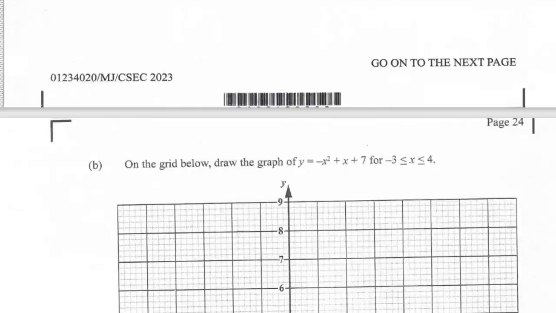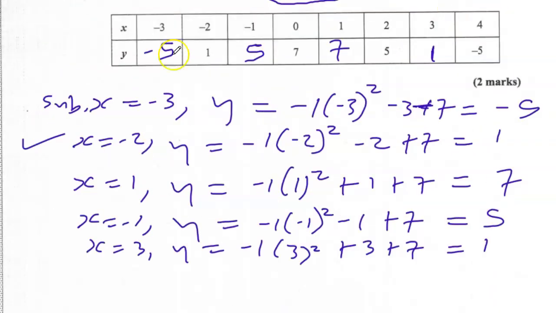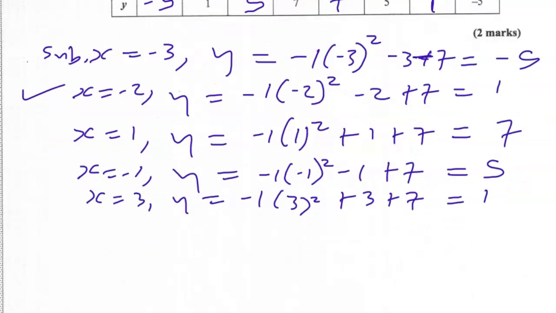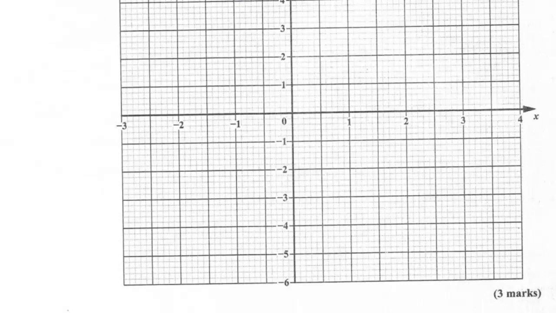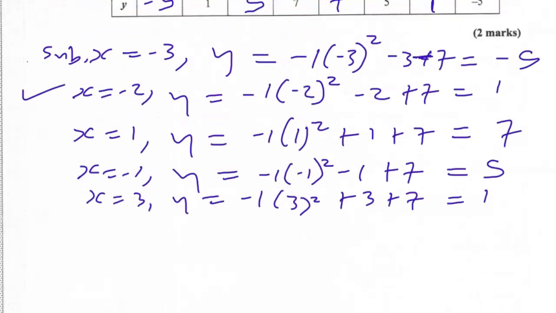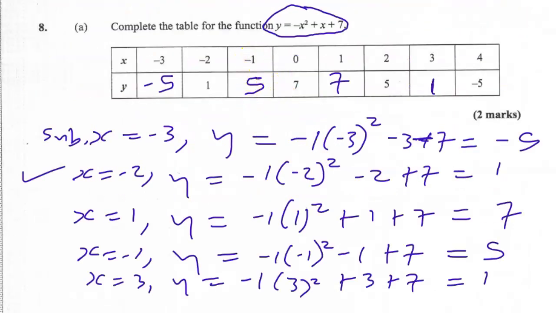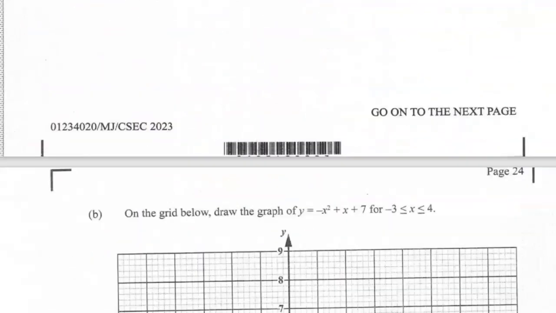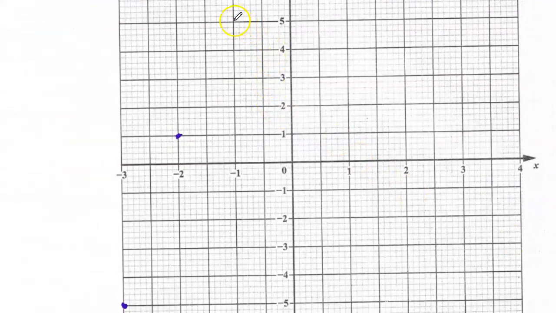Alright, so let's plot the points. We have minus 3, minus 5, and minus 2, 1. Those are 2 points. Let's plot 2 more points: minus 1, 5, and 0, 7.